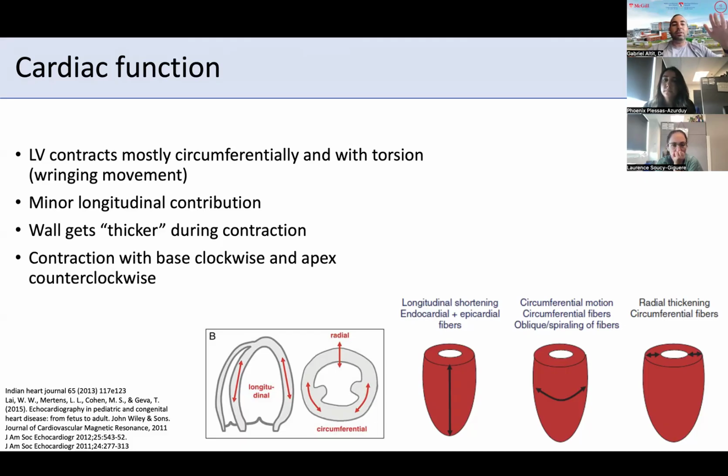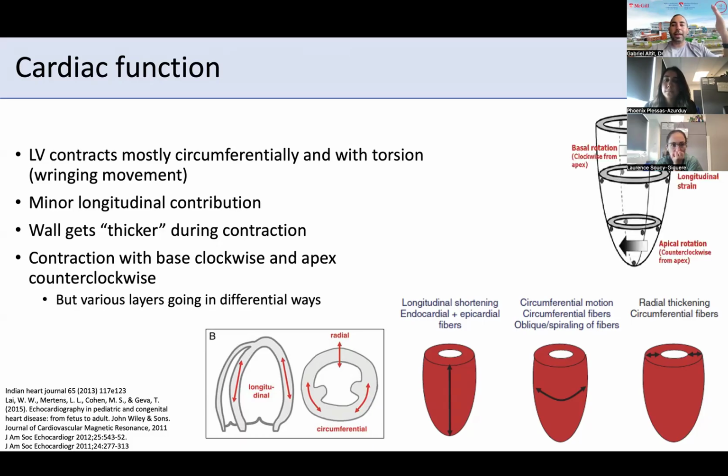Then you get different rotations happening at the base and the apex. Typically the base will have overall a clockwise rotation compared to the apex, and the apex will have a counterclockwise rotation when looking from the side of the apex.